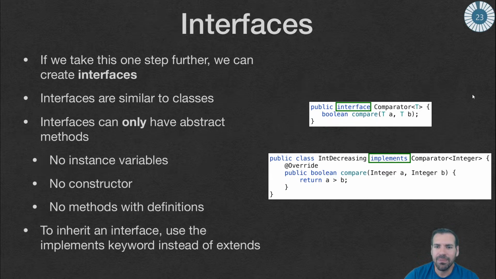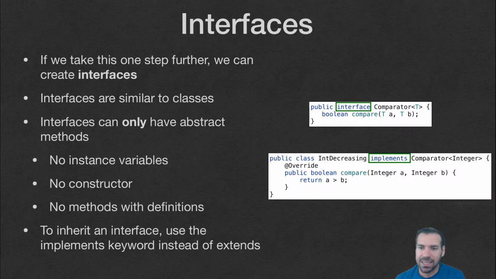And we can take this a step further and go all the way to interfaces. So interfaces are like classes, but literally it's the first thing we're seeing that's not a class. It's our first code that's not inside a class, but it's basically a class. It's still a container for state and behavior, but it is called an interface, not a class. So an interface has nothing but abstract methods.